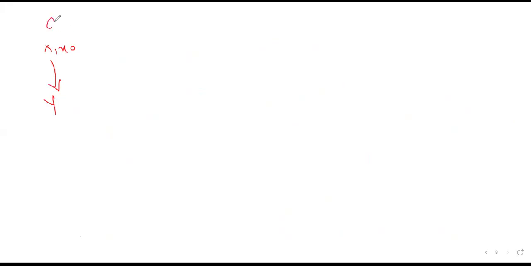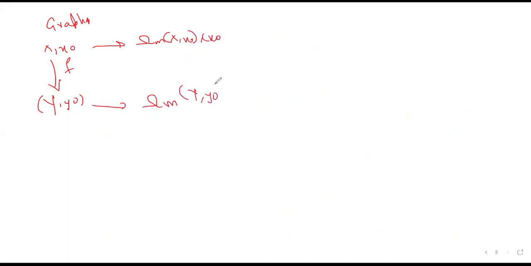We have a morphism in the category of graphs from (x, x naught) to (y, y naught), f, and we send (x, x naught) to omega m of (x, x naught) with base point c x naught, and (y, y naught) to omega m of (y, y naught) with base point c y naught. Okay, so there is a morphism omega m of f.